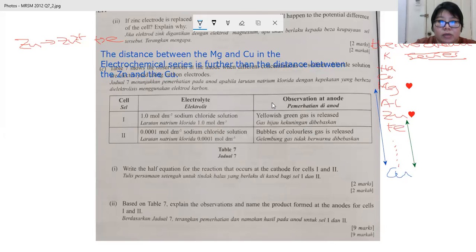Okay, now what I want you to see here is, you are talking about this, the set 1, magnesium and copper, and for set 2, zinc and copper. You are comparing the metals that you are using. Which series are you referring to? You are referring to the electrochemical series.